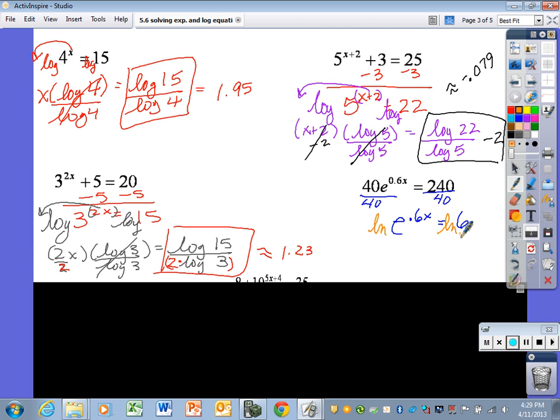And notice I natural log because I have e. What's my base here? ln e, I have 0.6x equals natural log 6. Divide by 0.6. There's my algebra. Now I can punch ln 6 divided by 0.6. And I get about 2.986.